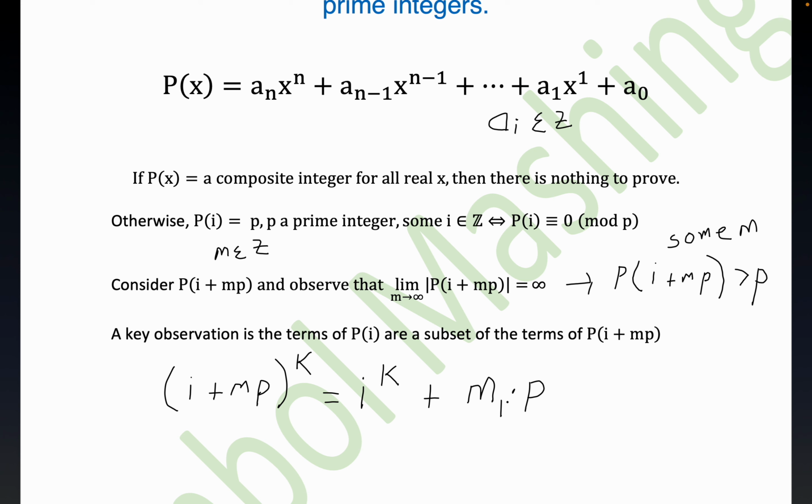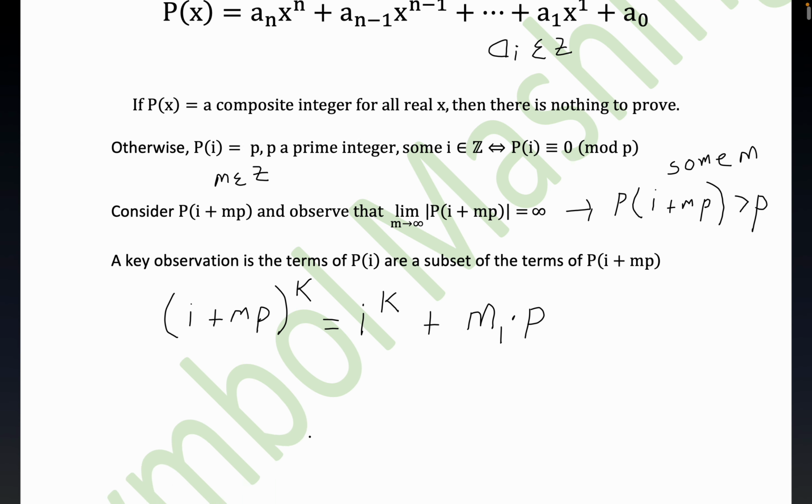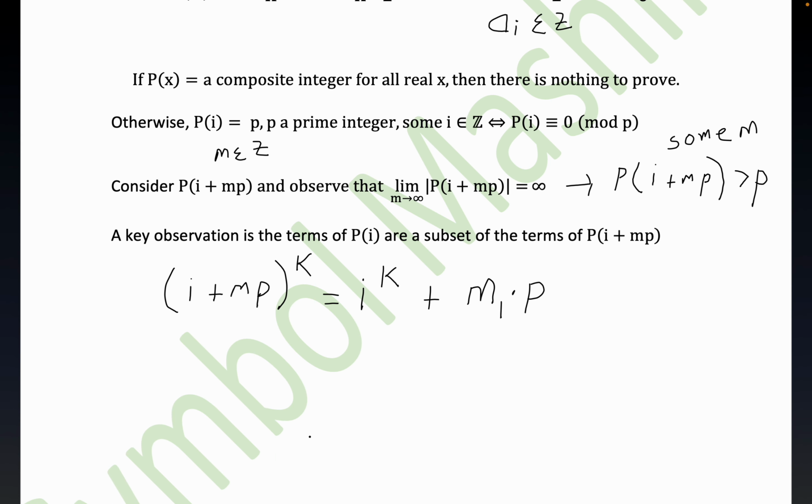And so this truth, coupled with the fact that p sub I is equal to p, means the following. And again, a little bit of a leap of faith here, but hopefully you believe me.